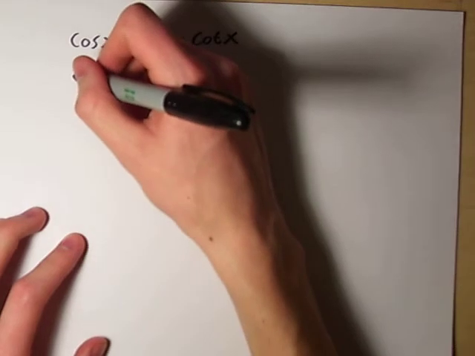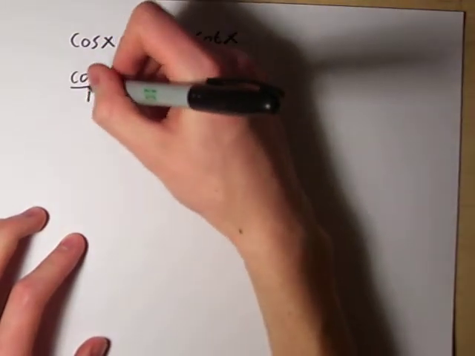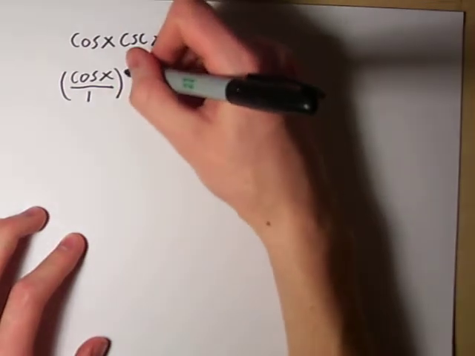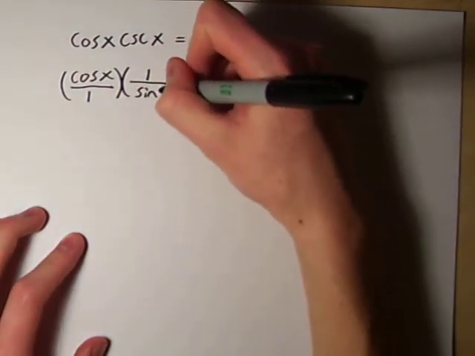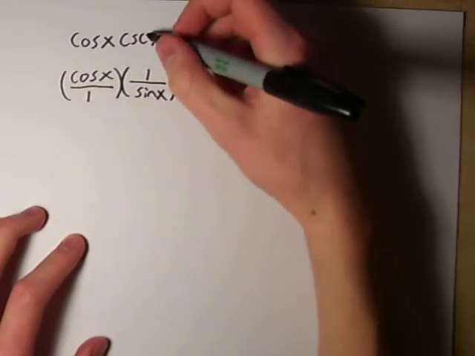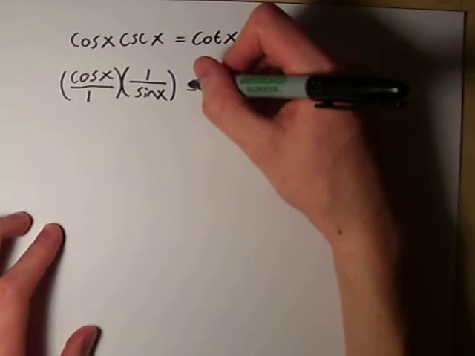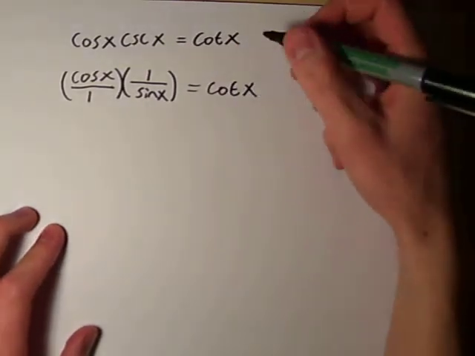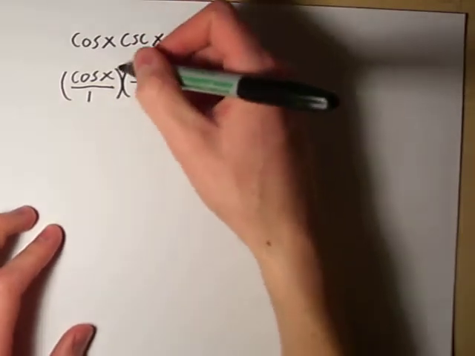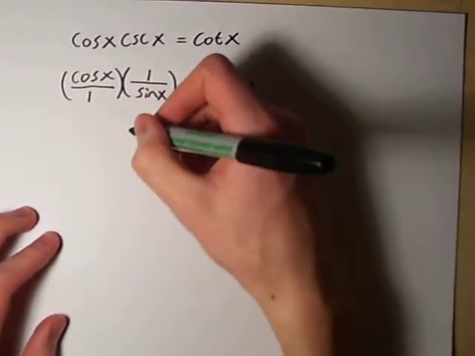Like we can rewrite this as cosine of x over 1 in a nice bracket, multiplied by 1 over sine x, which is cosecant of x, which we remember from our reciprocal identities, equals cotangent of x. So then we see that this is literally just cosine x being divided by sine x.